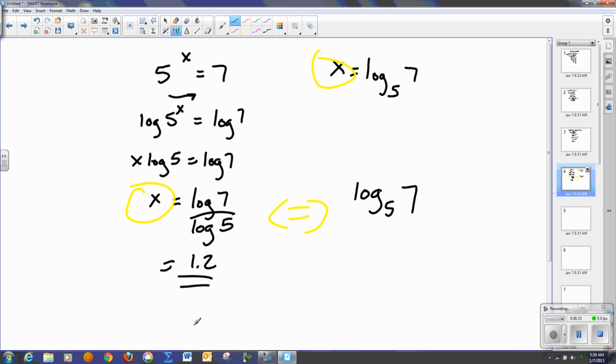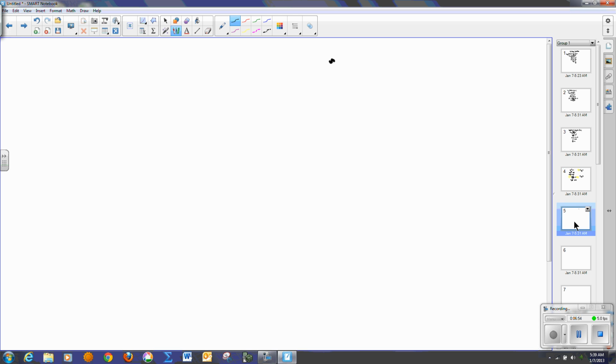Now, this is the approximate answer because there's a load of decimals with it. This is the exact value here. Now, this new idea right here brings about the concept called the change of base.